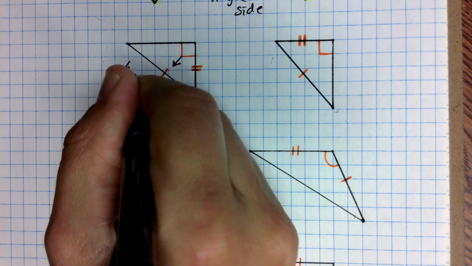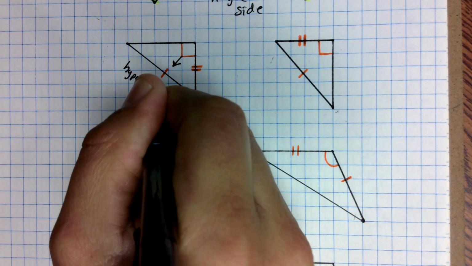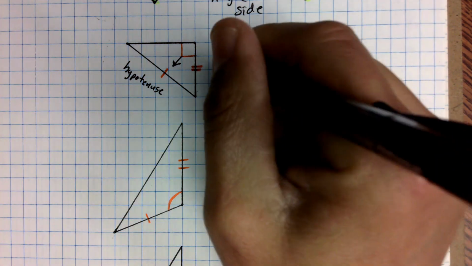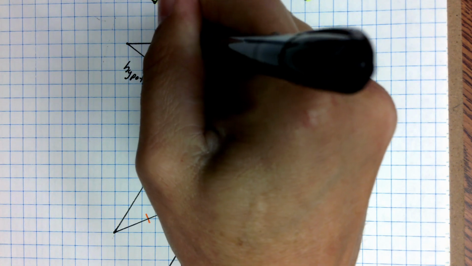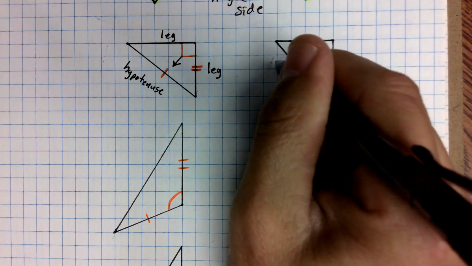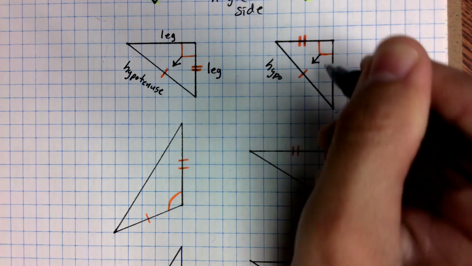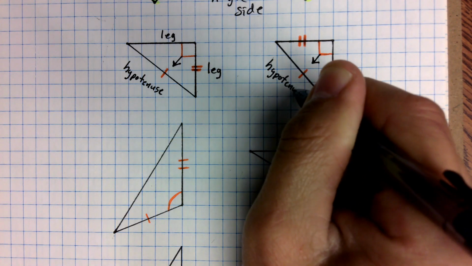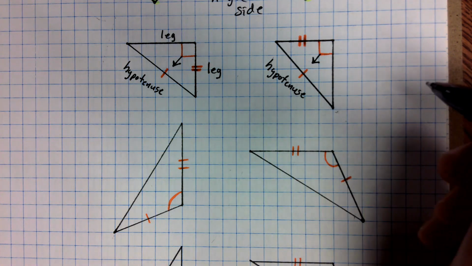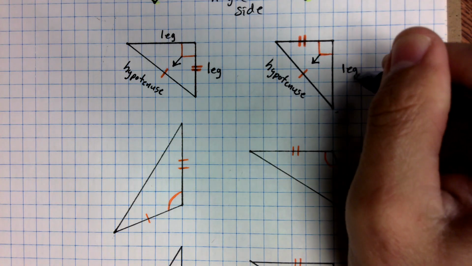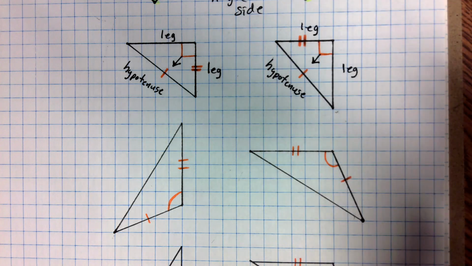So I'm going to go ahead and write that in. This is the hypotenuse. And therefore, this side over here is a leg, and this side over here is a leg. And the same can be said about this one. If we draw an arrow from that right angle sign, this is my hypotenuse, the longest side of the triangle. And this over here is a leg, and this over here is a leg.